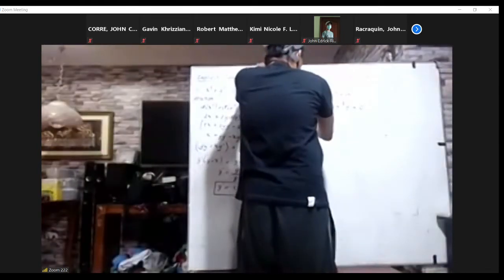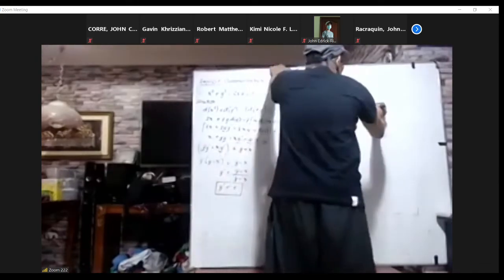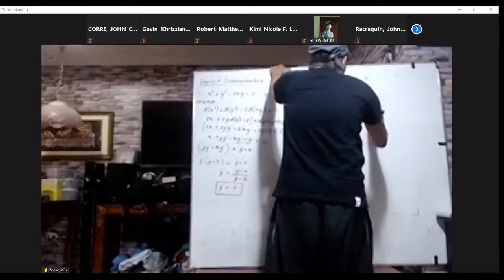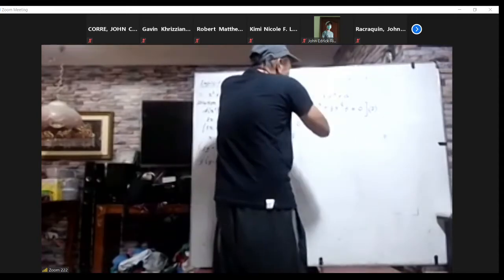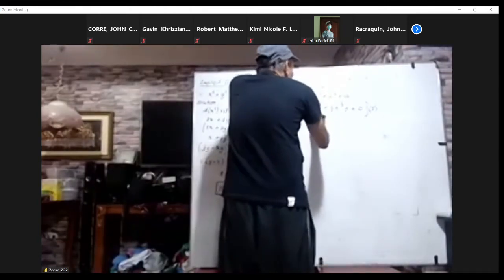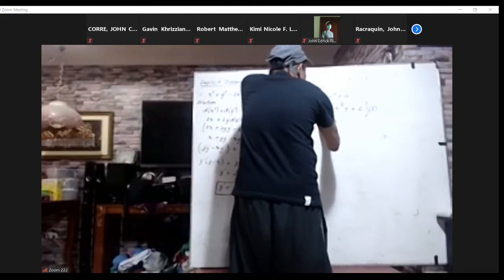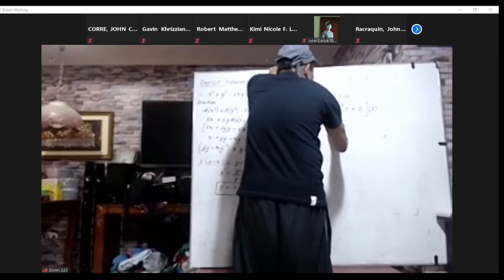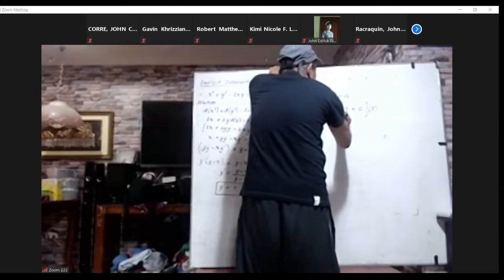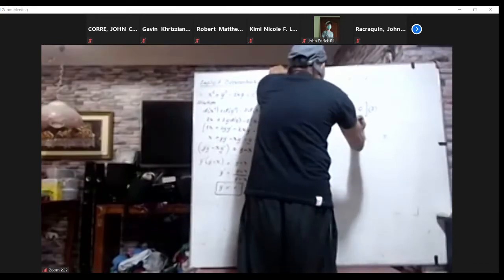Okay? So, pagdating dito, pwede nating i-multiply both equation by 2. Okay. So, matatanggal si 1/2, kasi 2 times 1/2 is 1. So, magiging ganito na lang siya: x raised to negative 1/2 plus y raised to negative 1/2 times y prime equals 0. Okay?